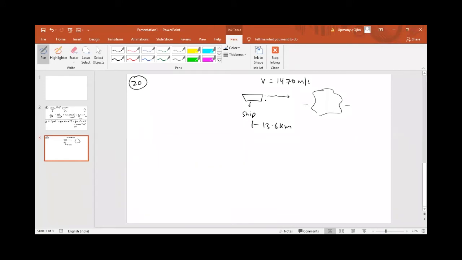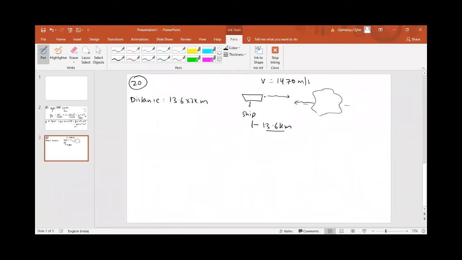So when the ultrasonic wave is transmitted from this ship, it will go to the iceberg and get reflected back. After reflecting back, it would be received by the receiver which is there in the ship, which means how much distance has this wave traveled? First, from ship to iceberg, that is 13.6 kilometers. Then again it comes back the same distance, which means the distance traveled by the wave would be 13.6 into 2 kilometers.